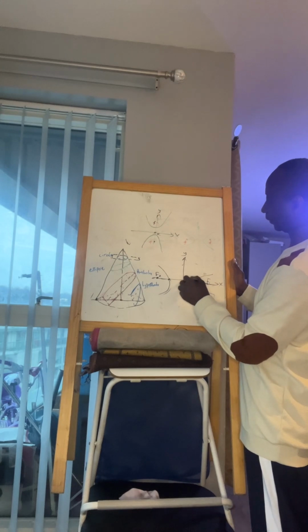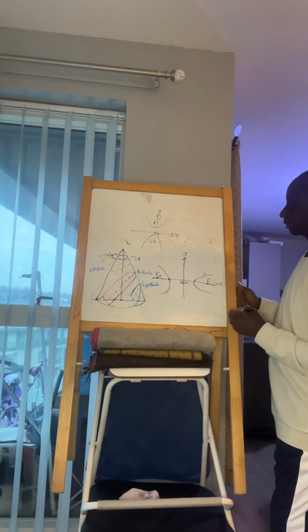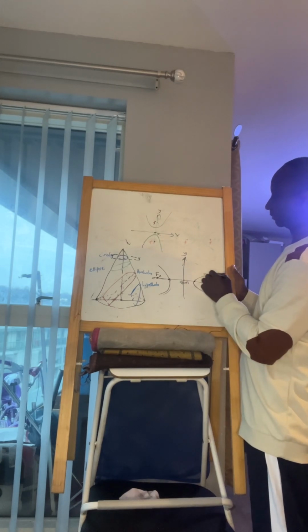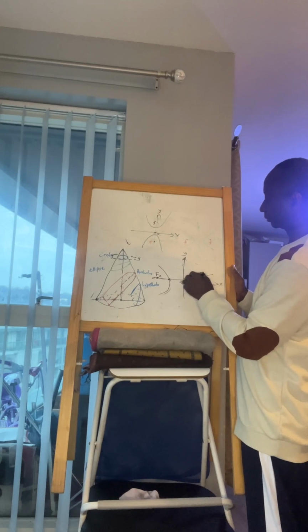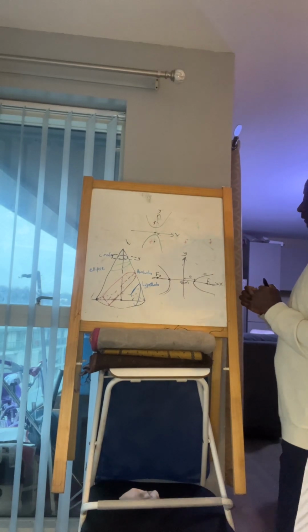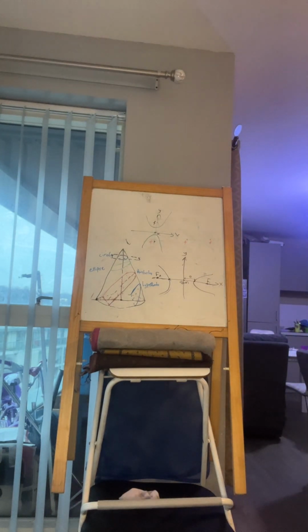And you have your center here, which is 0, 0, and we have this distance from the vertex to the center. Let's call it A.